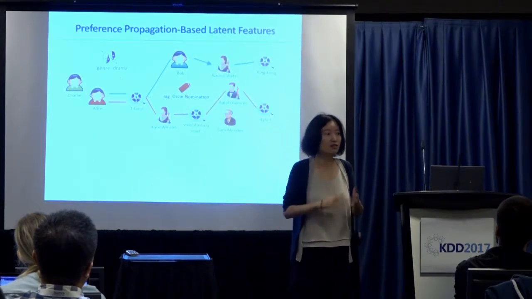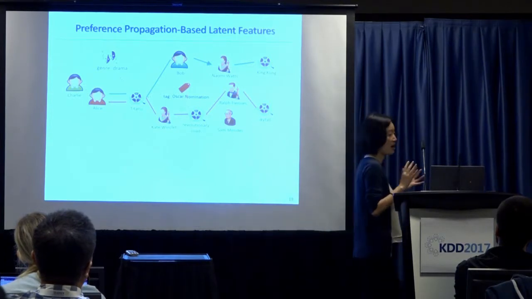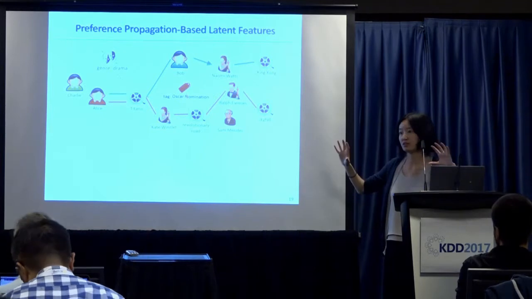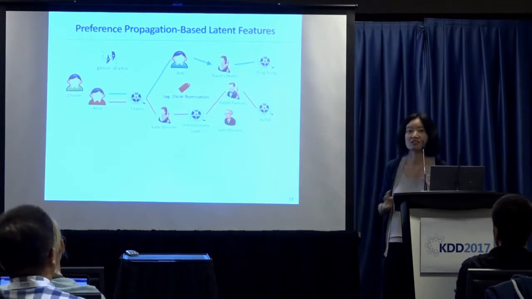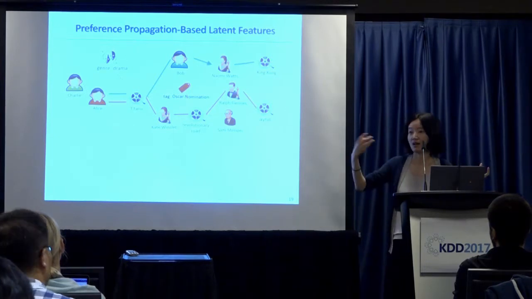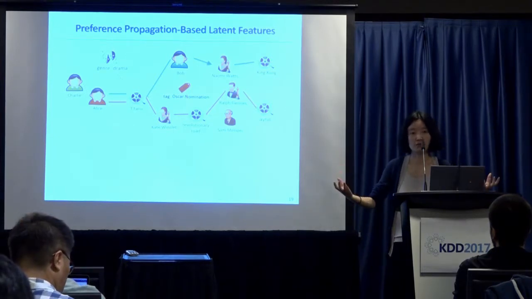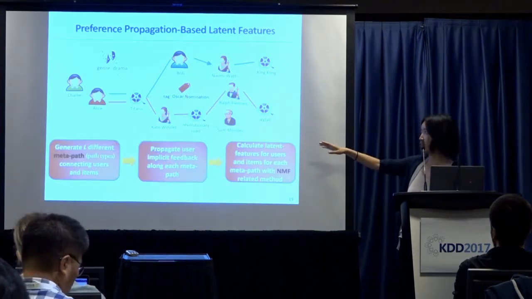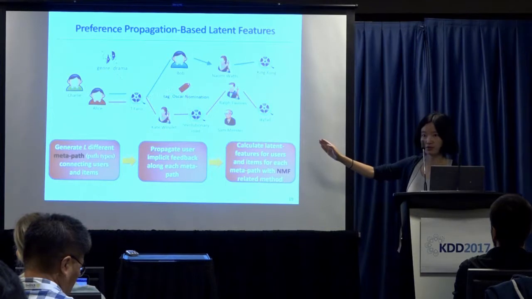Initially this user-item interaction is very sparse. But after this kind of propagation, you have collected so many interactions between users and items that were unseen before.